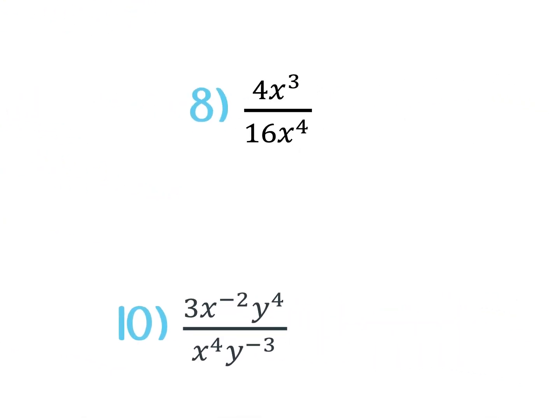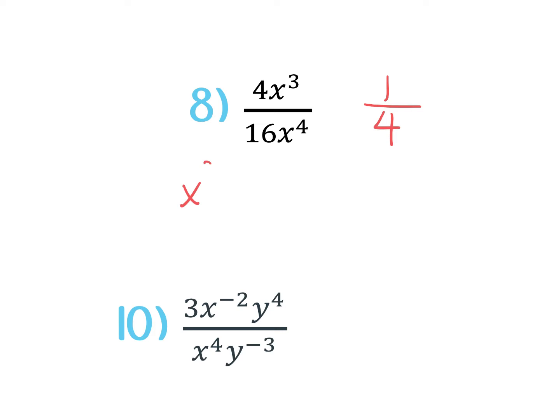So for number 8, if you have coefficients in front of your exponents that have the same base, we're just simplifying those coefficients. So I'm going to simplify the fraction 4 over 16, and that part's going to become 1/4. Now for the x's, I'm dividing because they're the same base.